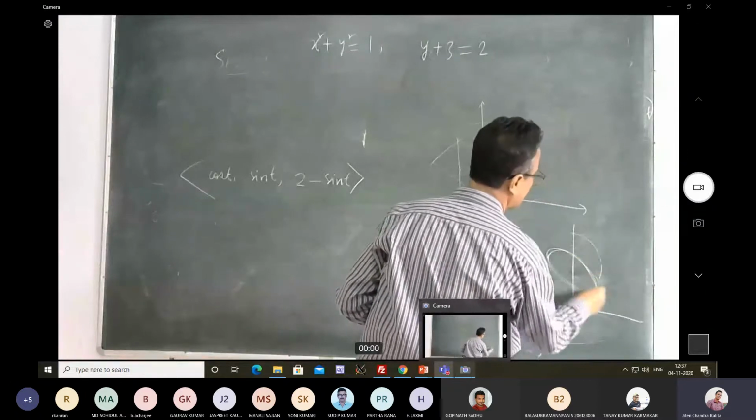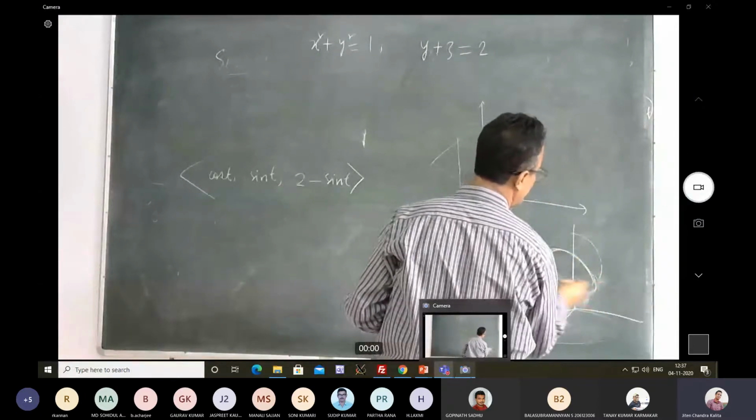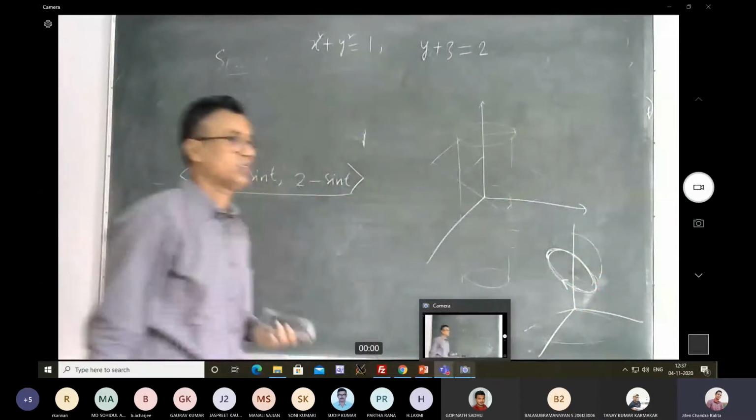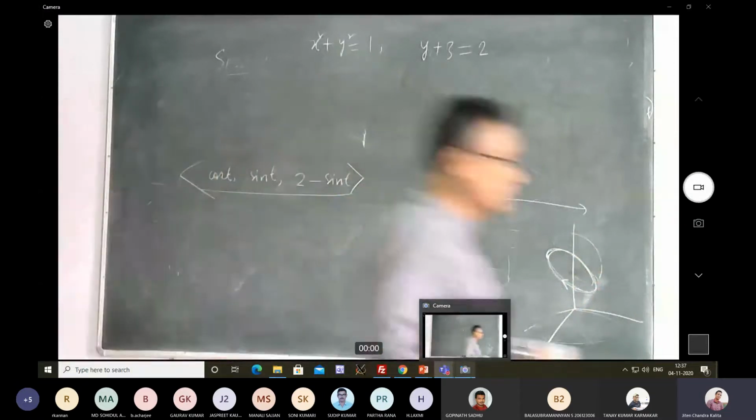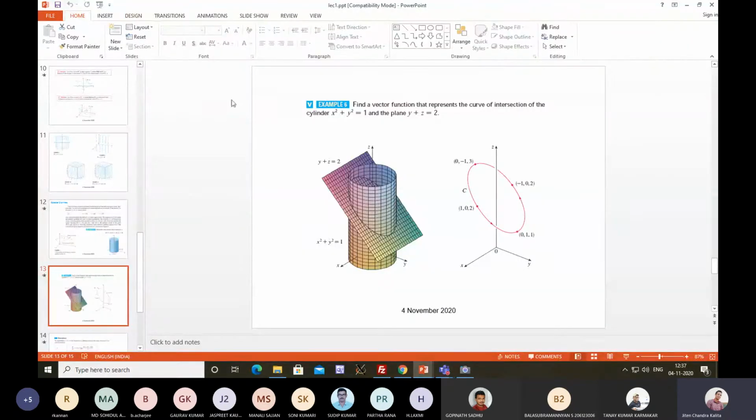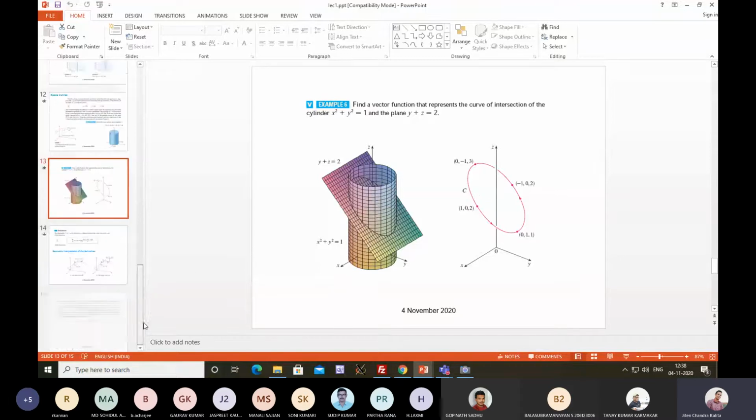So you can get this through this parameterization. I'll just show you the figure here. This is the figure you can see, right? So this is what it is.